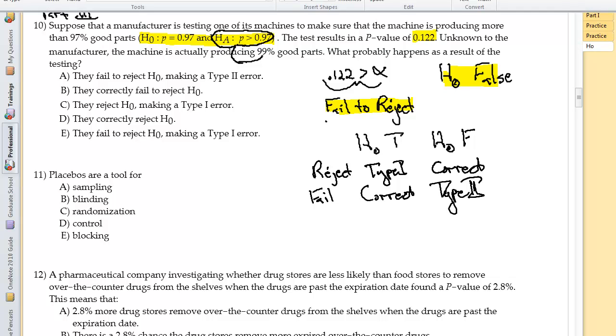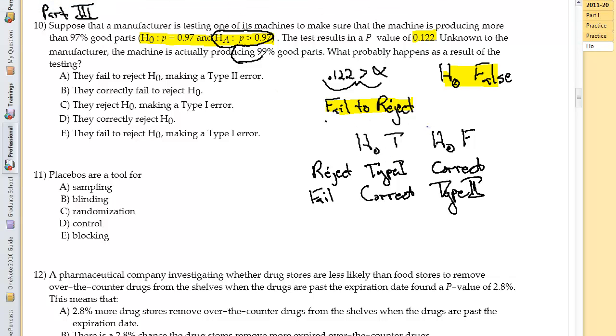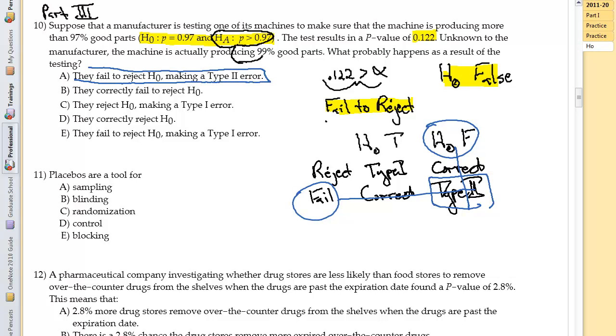And so if I look here, H naught being false and we failed to reject is a type 2 error. It's right there in the chart. So what we're going to do is fail to reject, making a type 2 error. And see how that works? I don't really need to go through the rest of these. You can probably see why they're wrong, seeing why this is the correct answer.